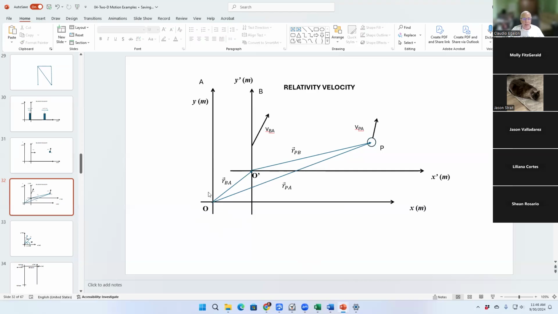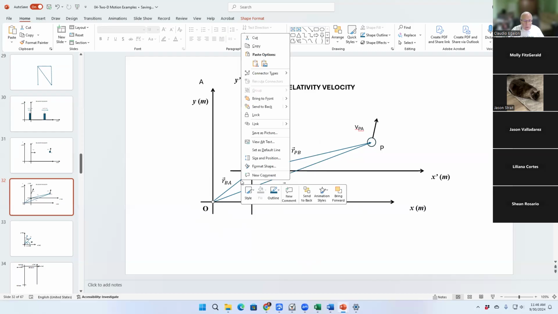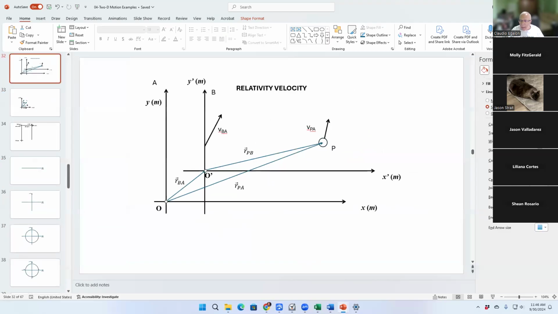Okay? And I'm going to come up with a better axis here. I don't like this. Okay, I gotta go elsewhere. Size and position. No, I think it's format shape. Yeah, it's format shape. Let's use this one instead. Let's see if it's better.